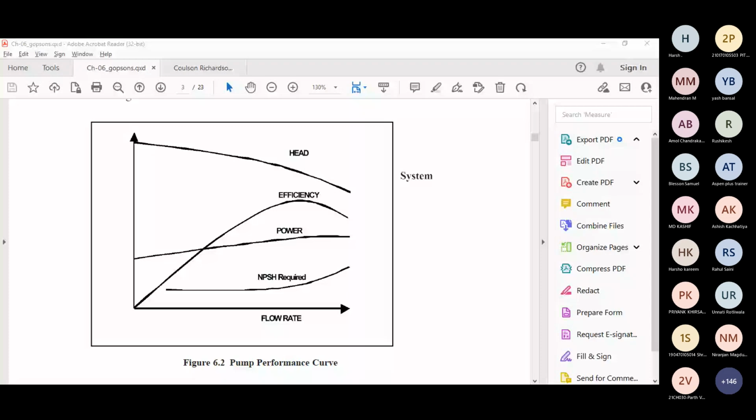It will change basically the rotations, but at a particular fixed rotation you cannot change the flow rate, correct? Yes, that is right. So that's why अगर आप उसका कर्व देखोगे, it will be basically a flat straight line only. PD pump का जो कर्व है, basically we are talking just on this centrifugal pump. That's why if I have a PD pump curve, if you check that, it will be a straight line, right? It is a constant flow rate.